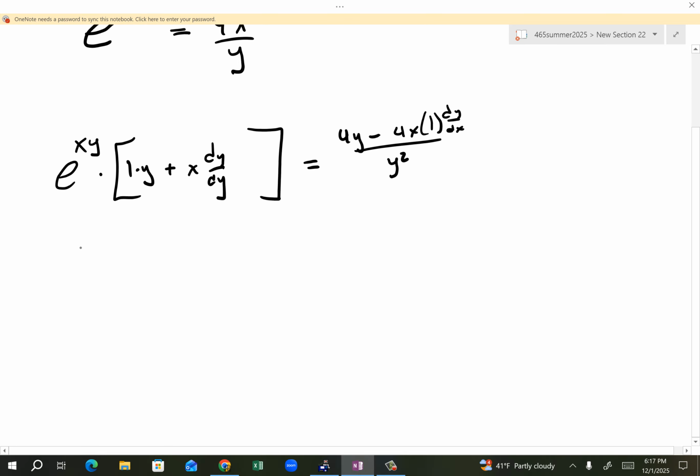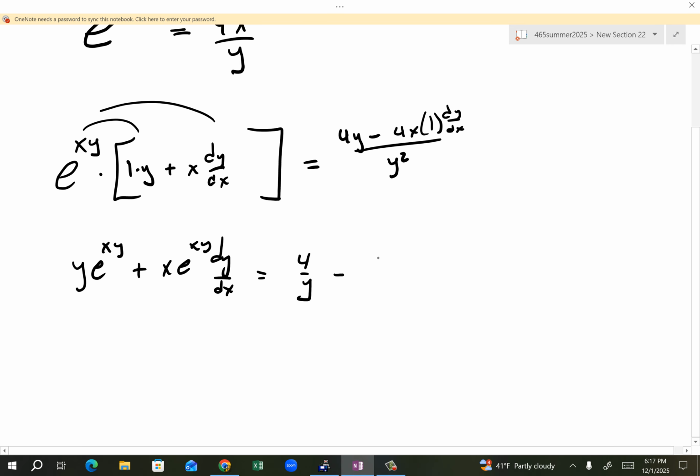Okay. Here's the game. If you distribute this out, you get y e to the xy plus x e to the xy dy/dx is equal to, if you break this into two pieces, 4 over y minus 4x over y squared dy/dx.